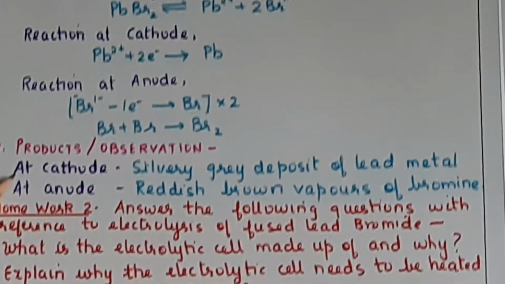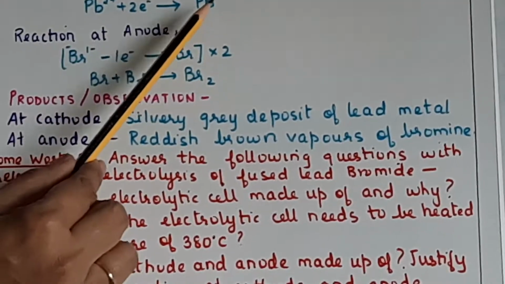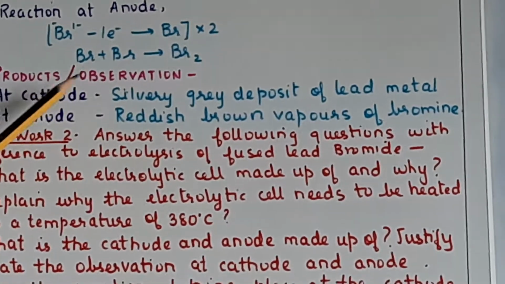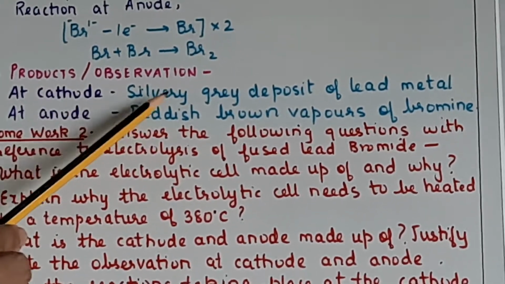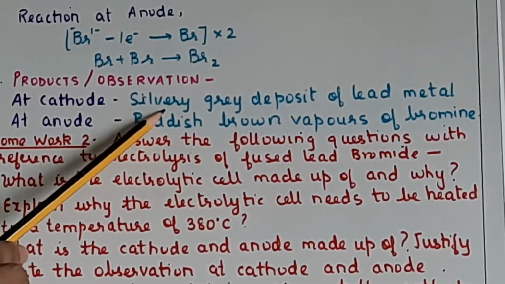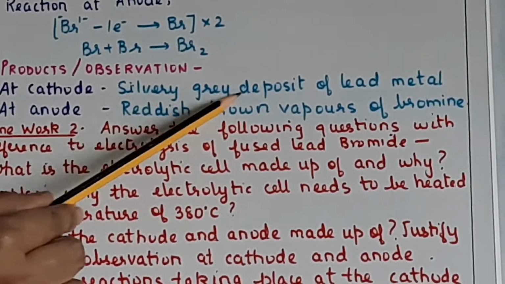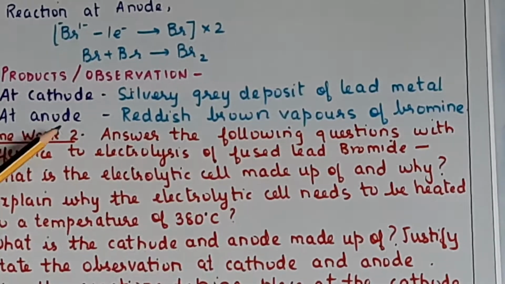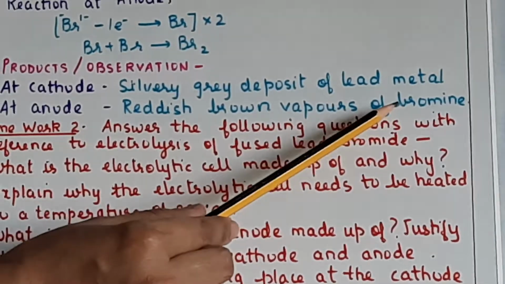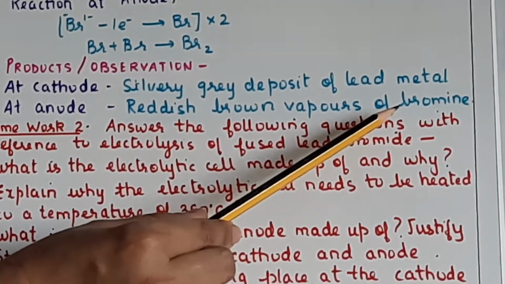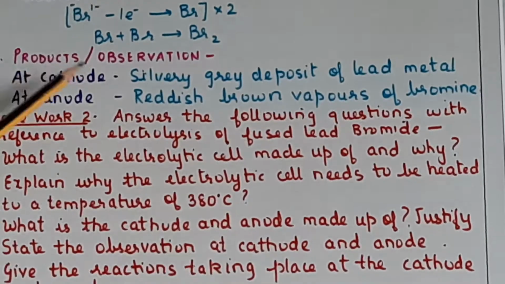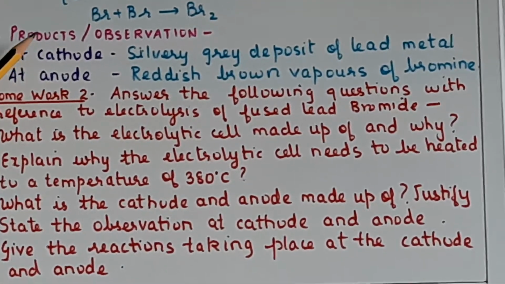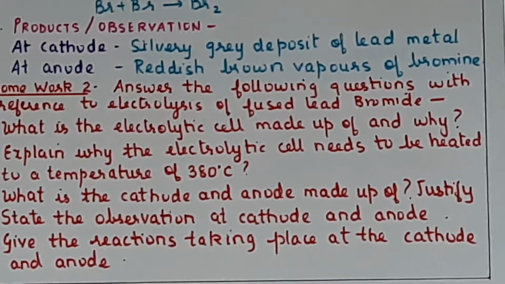Now products: at the cathode you will write the product is what? Lead metal, and at the anode it is bromine gas. And observation, this is very important. At the cathode, a silvery grey deposit of lead metal, and at the anode, reddish brown vapors of bromine. Okay, is it clear? Now this particular observation is generally in the first compulsory section of the paper.